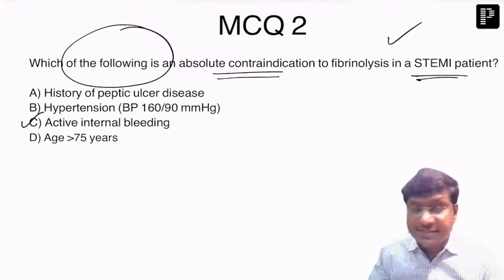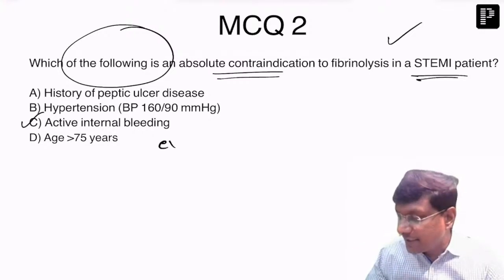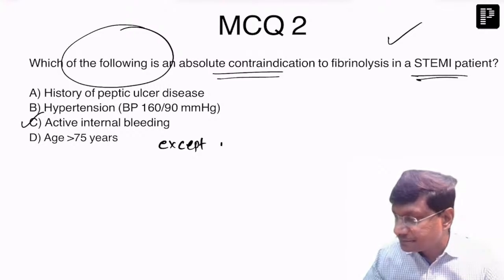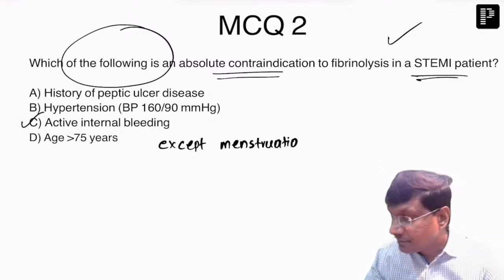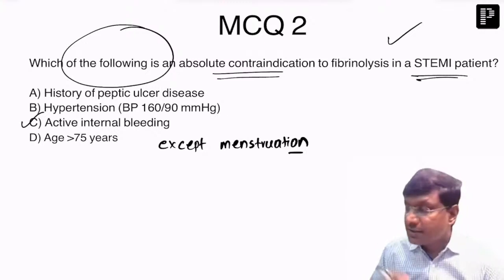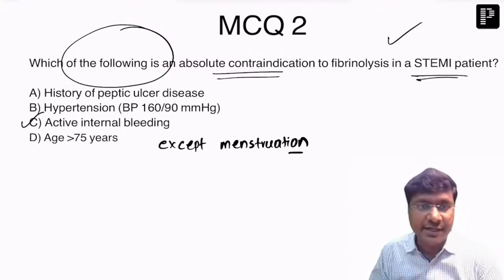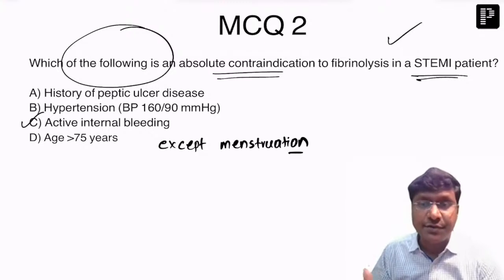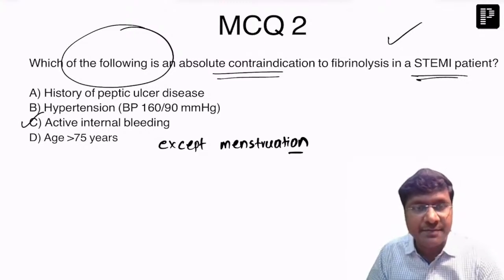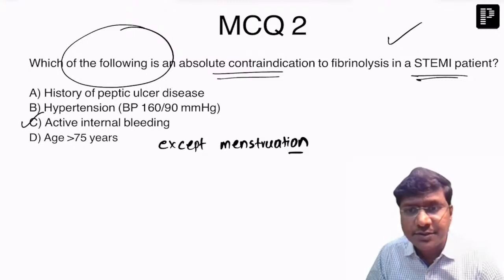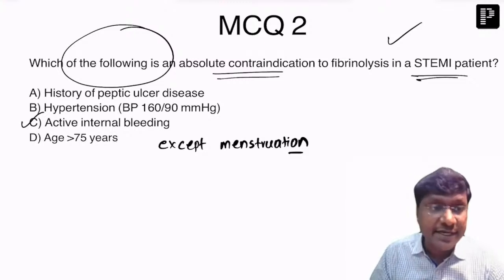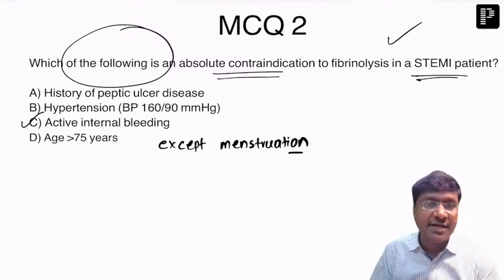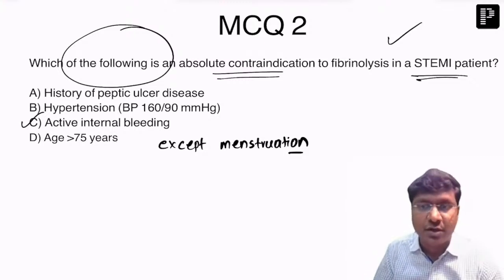So if there is active internal bleeding, except menstruation, that is the absolute contraindication. And the other absolute contraindications I have told you, that is history of the hemorrhagic stroke any time in the past, right? Or history of ischemic stroke within the last 1 year, right? Or the individual having suspected aortic dissection and the individual had undergone a major surgery in the last 3 months, right? These are all the absolute contraindications.